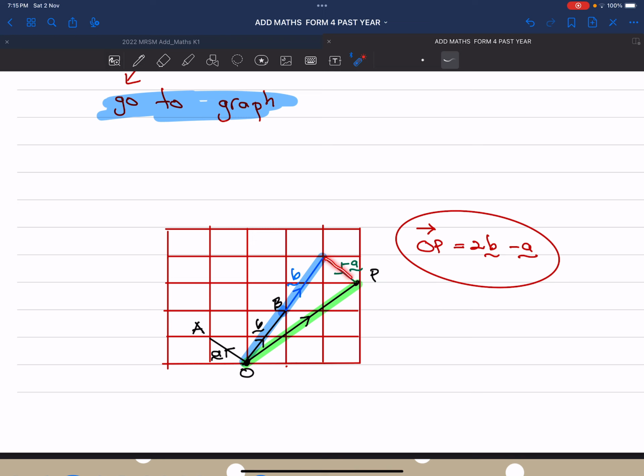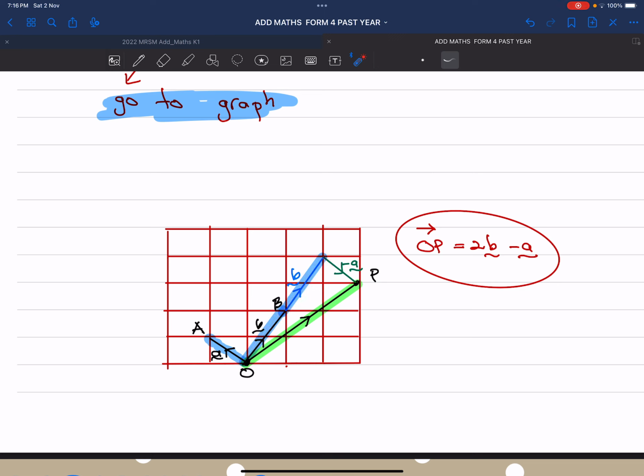But this vector is parallel to the vector OA, but opposite sign. The vector here in my highlight is parallel to vector OA, but opposite sign, because this one is coming down. So now the vector OP is b plus another b, which is 2b, minus vector a.